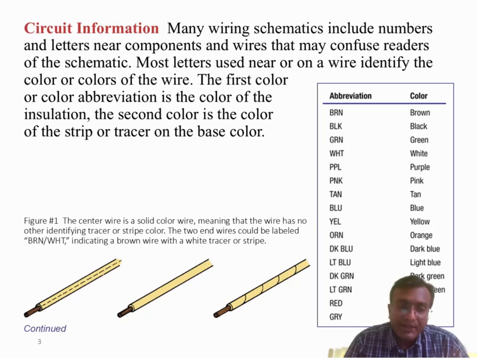In the case of this wire, there is a stripe on the insulation. Therefore, the first letters BRN indicate a brown insulation, and /WST indicates that there is a white tracing line on this insulation. In this way, the wires are denoted in our wiring schematics.